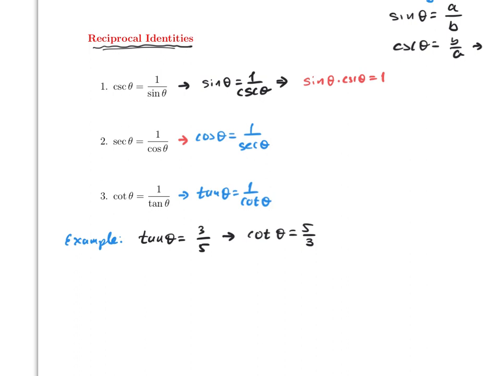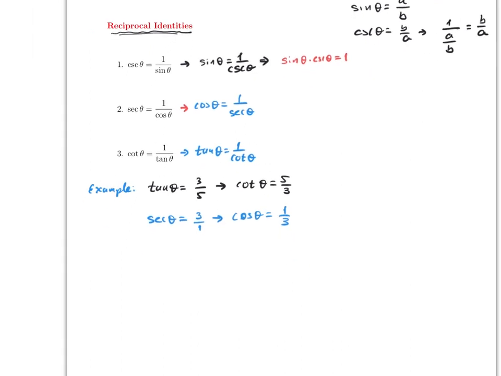Or let's say the secant theta is equal to 3. So notice that 3 is the same thing as 3 over 1. So that means the cosine theta will be 1 over 3, and so forth. So for example, if sine of theta is minus 1 over 7, that implies that cosecant theta is minus 7 over 1, and so forth.